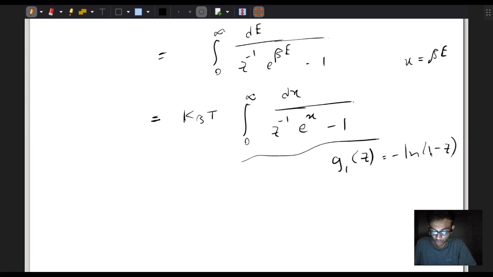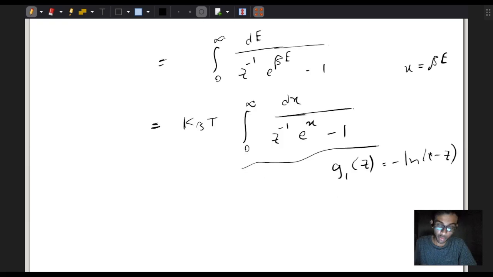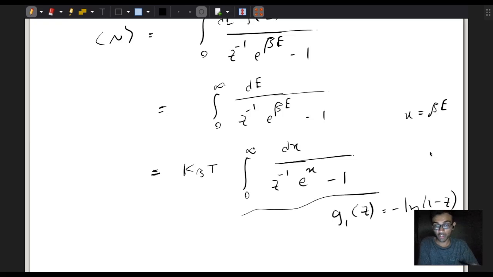Now our job is to find whether there is a phase transition.